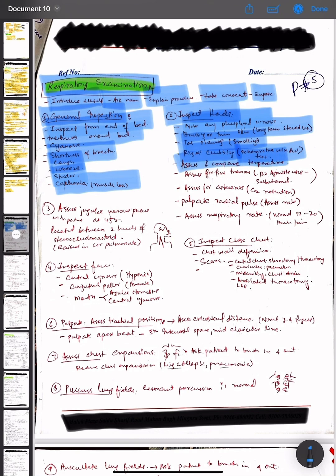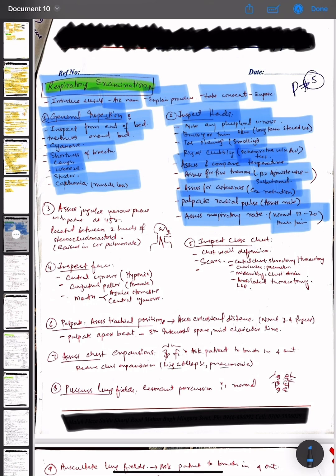Then assess for fine tremors, that is, beta agonist use such as salbutamol leads to fine tremors, so you will look for this. Then assess for asterixis, that is CO2 retention. Then palpate the radial pulse to assess the rate, and then assess the respiratory rate. Normal is 12 to 20 breaths per minute.